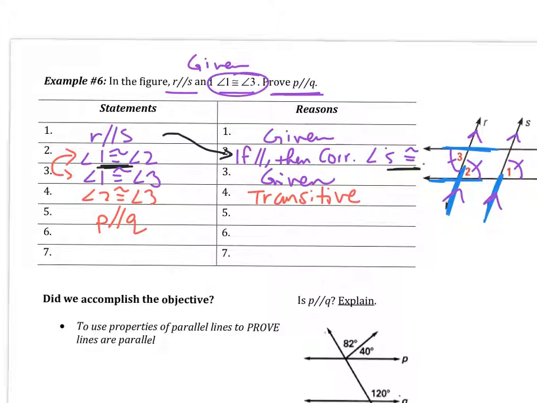Well, if alternate interior angles are congruent, what do we know about the lines? Then they're parallel. And so remember, if alternate interior angles congruent, then parallel. Notice the difference between line 3 and line 5. We were trying to prove parallel, so our conclusion was parallel. Okay?